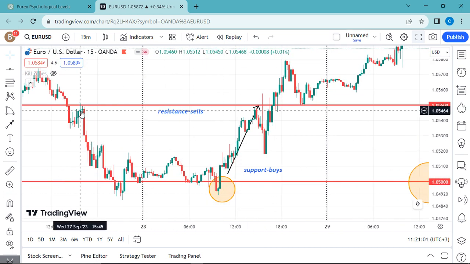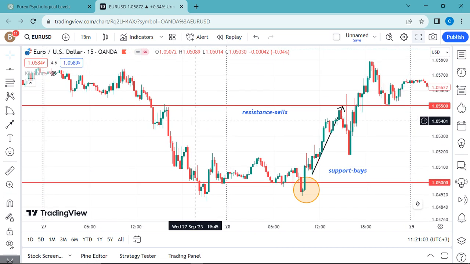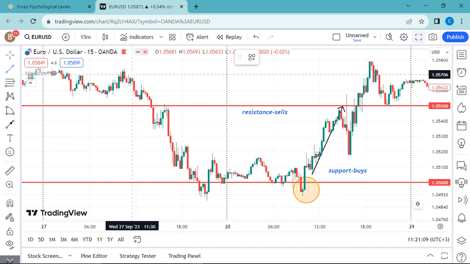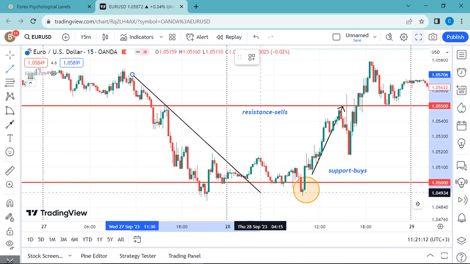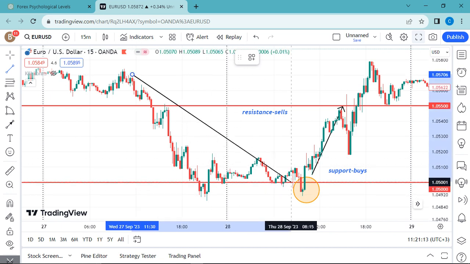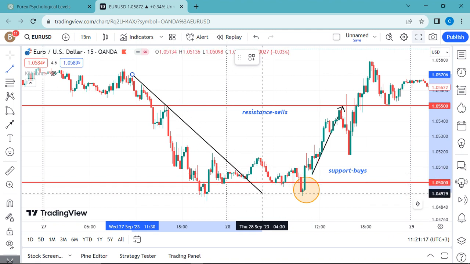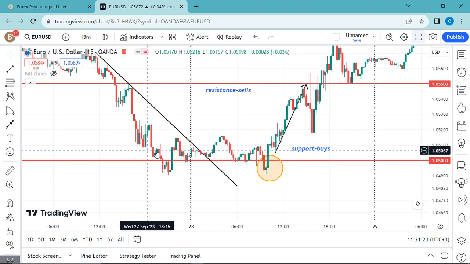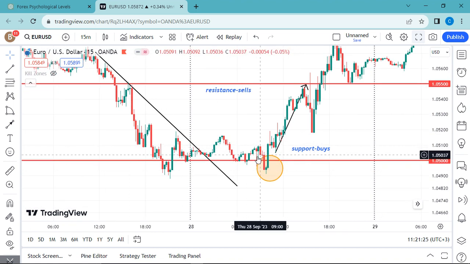When price was in a downtrend, as you can see here, it was like a major downtrend over here, right? It was a major downtrend. But it broke this region and came back and started bouncing from this region, right?